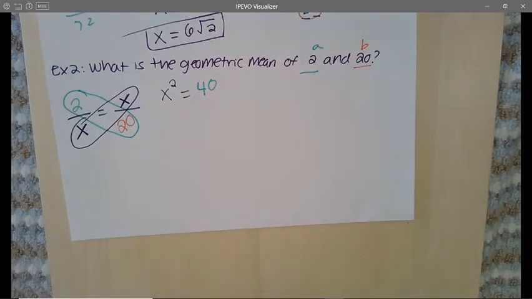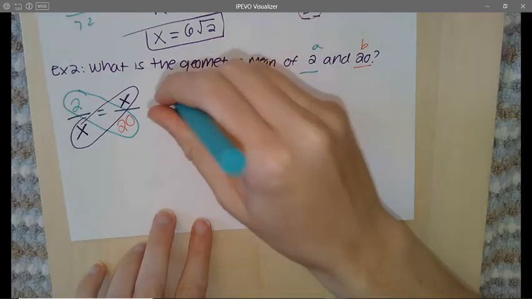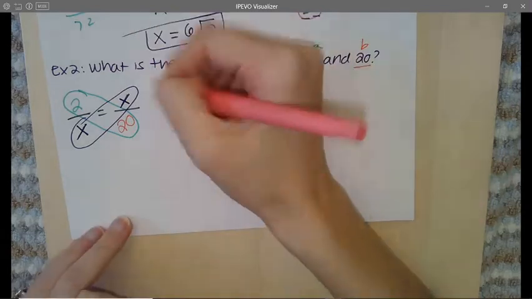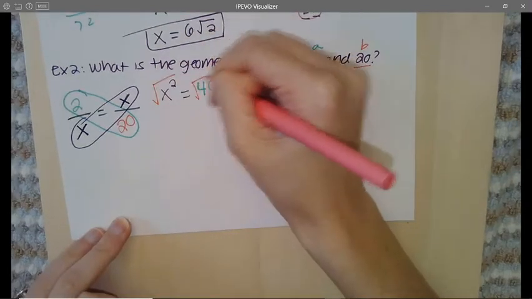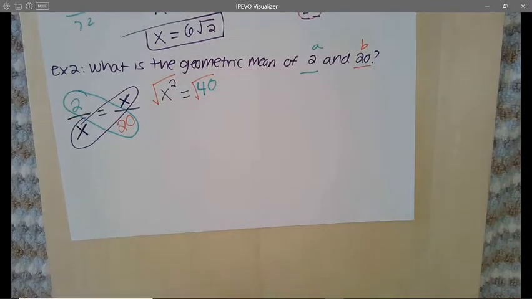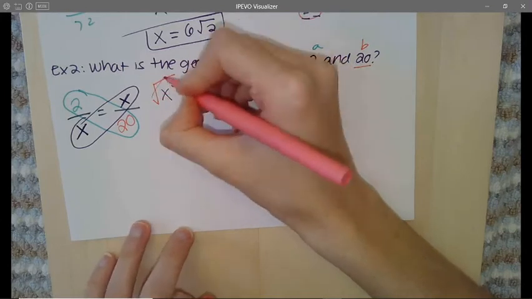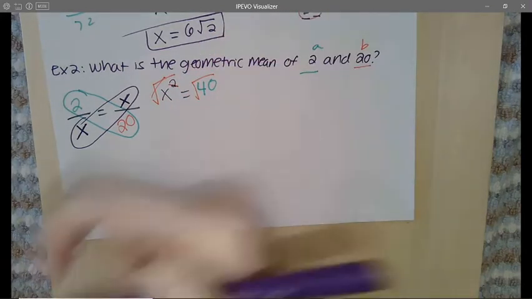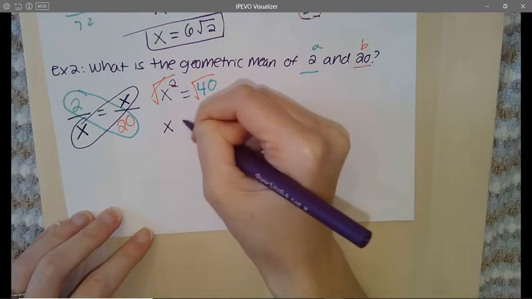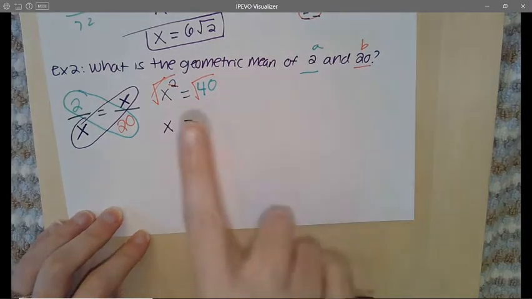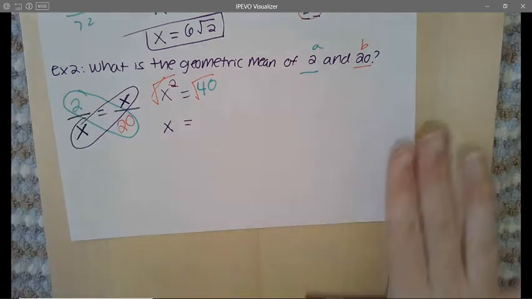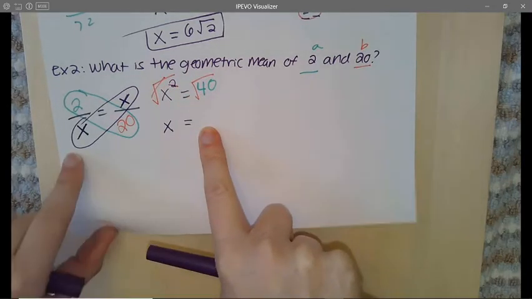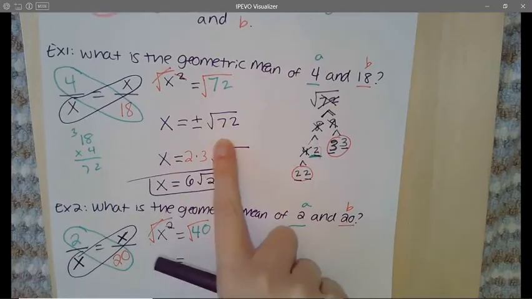All right, now how do we undo a squared? What's the opposite of a squared? It would be a square root. So I'm going to square root both sides. Square root that thing. Okay, which the square root will cancel out the squared, and I'm left with x equals, now don't forget, technically, when we square root both sides of an equation, what appears in our equation?